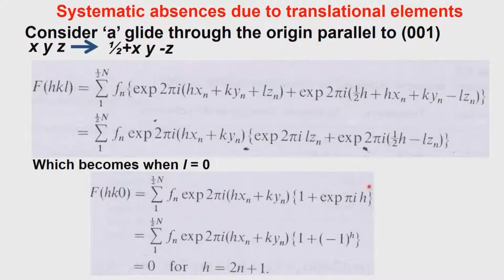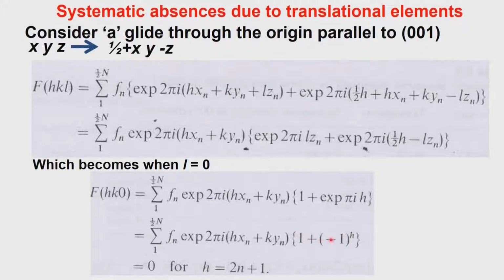You see now what I was mentioning has happened. In this case, we have only the integers in this part of the flower bracket. And when we have the integers in the flower bracket, we can calculate mathematically the value, and that turns out to be 1 plus minus 1 to the power of h. So, depending on the value of h, this value will be either 2 or 0.